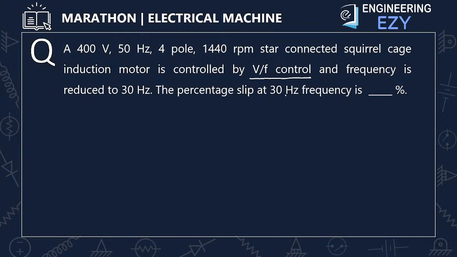The percentage slip at 30 hertz frequency is. So for speed control, we are using the V by F control, and if the frequency is reduced to 30 hertz, what is the percentage slip at 30 hertz? You have to calculate.